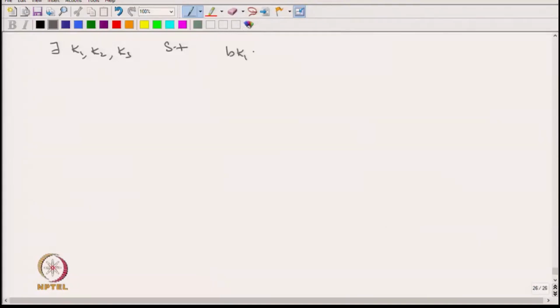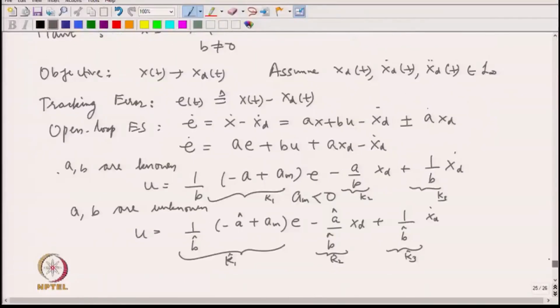So, B K1 is equal to minus A plus A_m. Let us look at what the others would be. This entire expression is equal to K1. So, B K1 is minus A plus A_m.